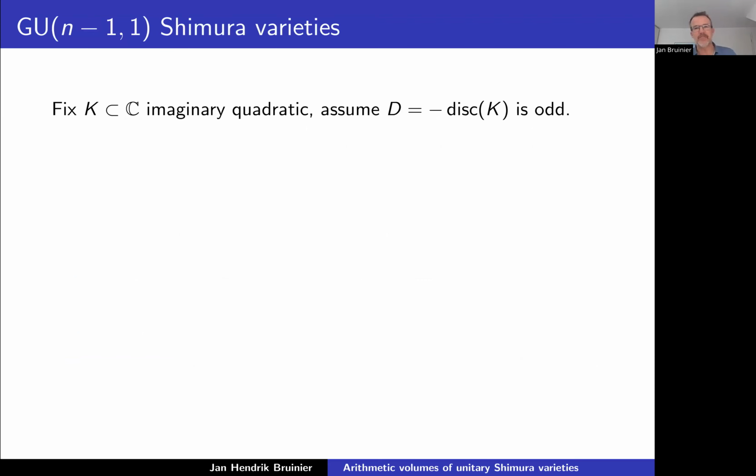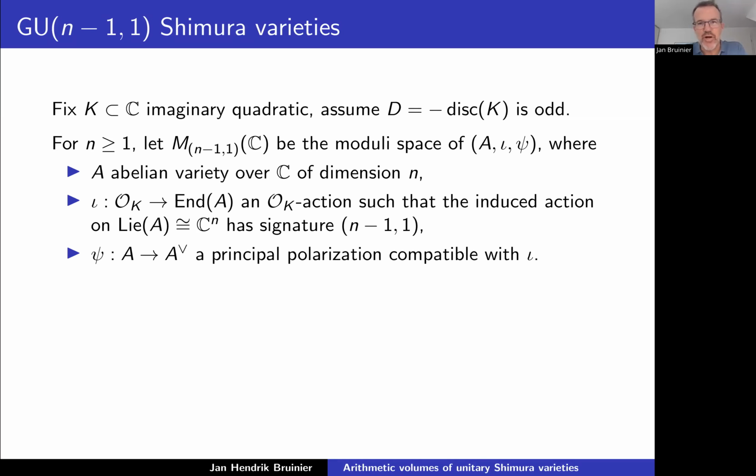So let me introduce the basic setup here. So K should be an imaginary quadratic field, which we view as a subfield of the complex numbers. The discriminant is minus D, and I want to assume that this discriminant is odd for technical reasons later. And then we can look at the unitary Shimura varieties, and one way of looking at them is as moduli spaces. So we look at the moduli space, which I denote here as M_{n-1,1}.